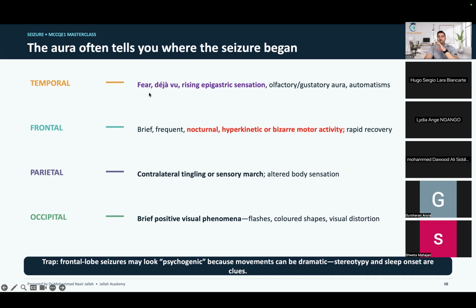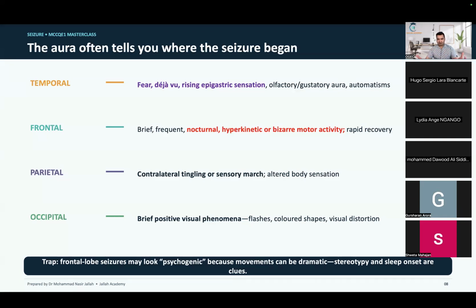Okay? So, for example, they give you a scenario about somebody who explained that before the seizure happens, he starts feeling scared and he feels deja vu or rising epigastric sensation, or he smells things that he cannot explain, or a gustatory aura, like feeling nauseated, or automatism, smacking lips, something like that.